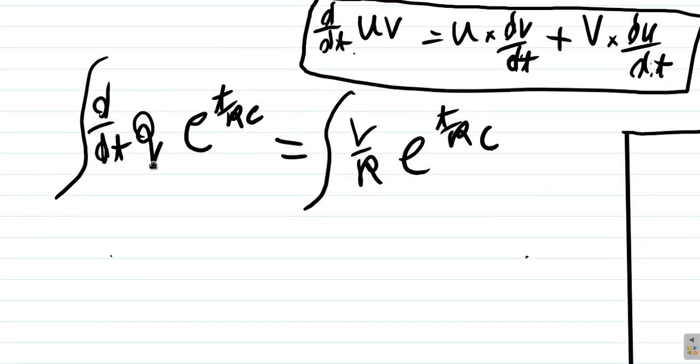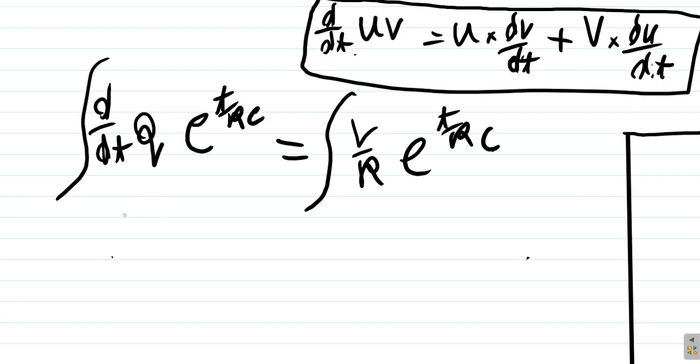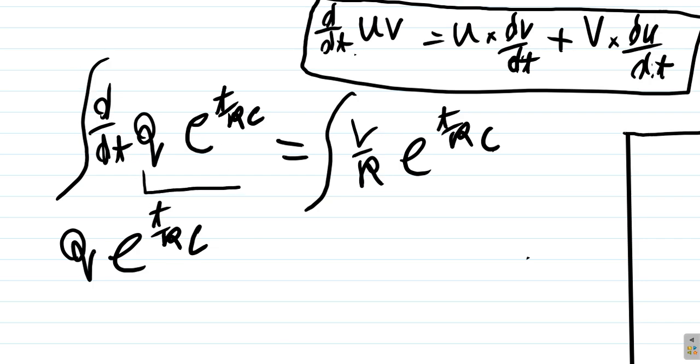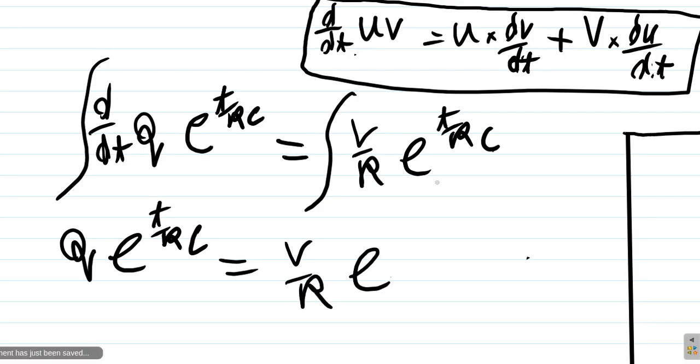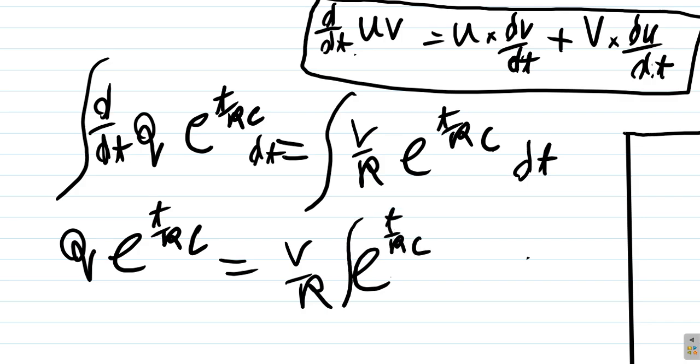So what we have then is q e to the t over RC, because the integral and derivative cancel each other out, leaving the function undisturbed, equal to the integral of V over R e to the t over RC dt.